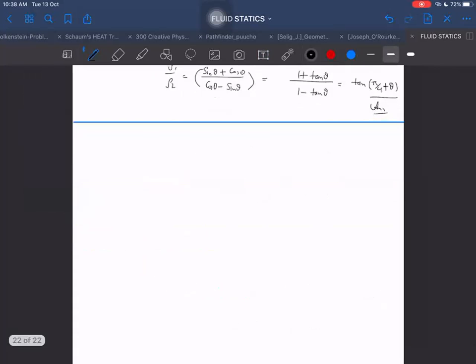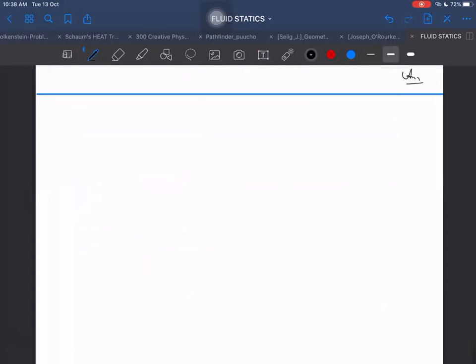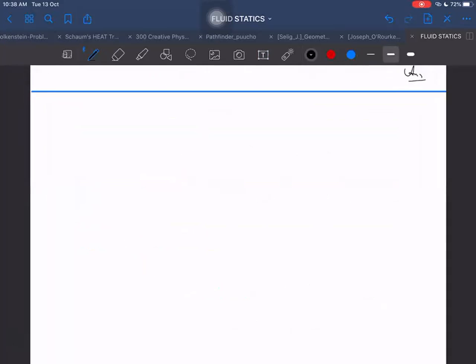Then we have, if I want to find the horizontal forces due to fluid, how to find it out?